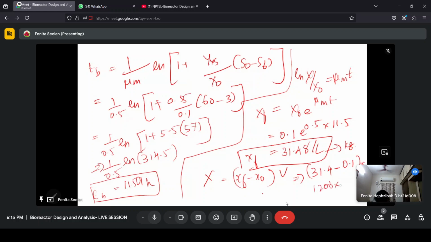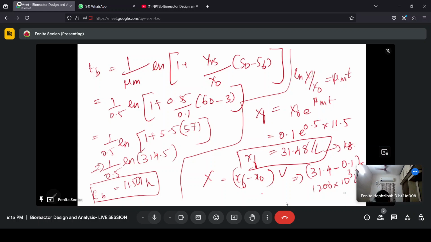So 1 meter cube is around 10 to the power 3 liters. So let's write it in terms of liters.